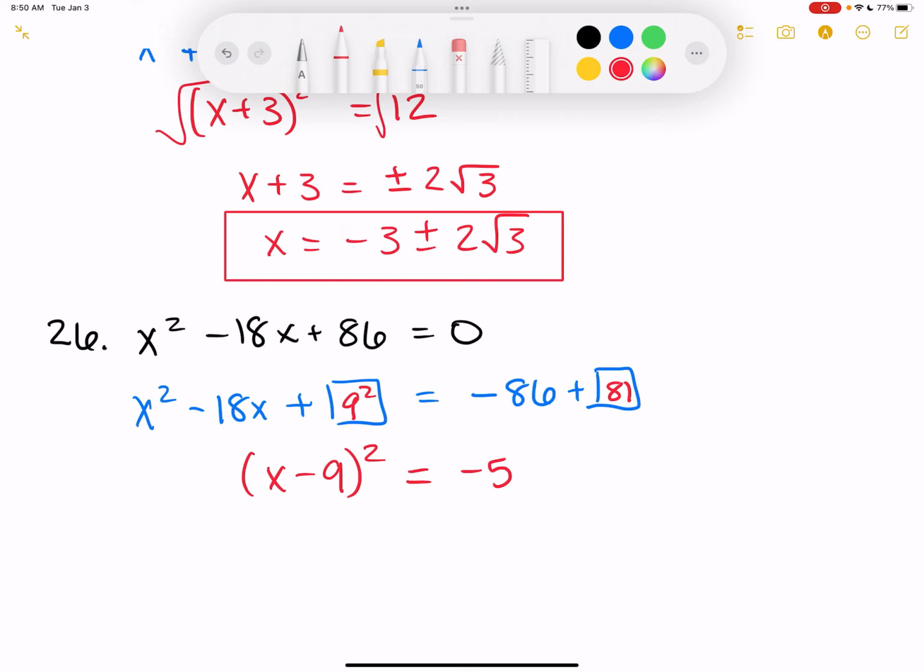So now when I take the square root of both sides, I have x minus 9 is equal to plus or minus. Because I have a negative under the radical, I have to take the i out. So we would write it as plus or minus i root 5. And then we have x is equal to 9 plus or minus i root 5.